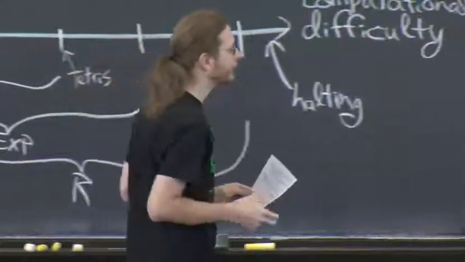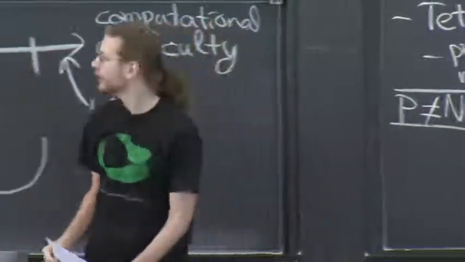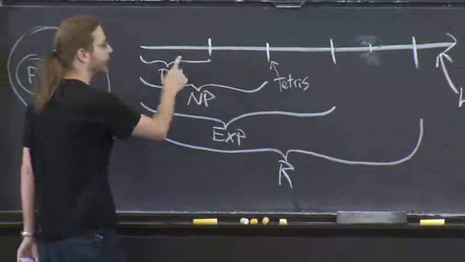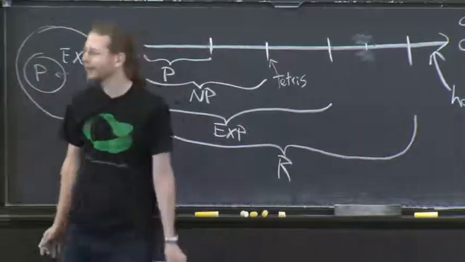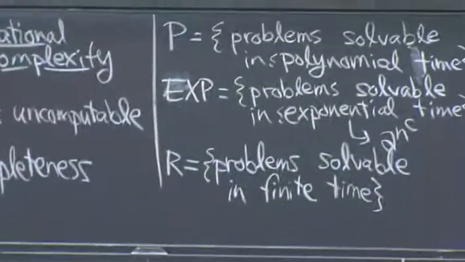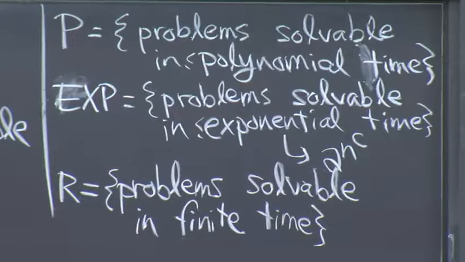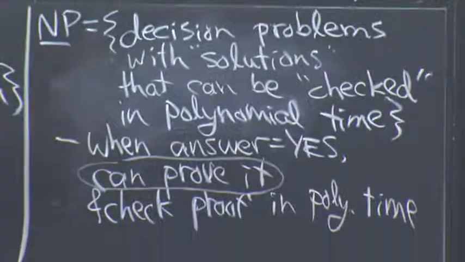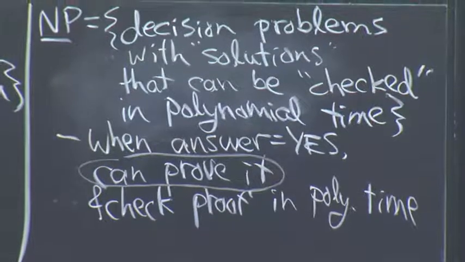So what does P does not equal NP mean? It means that there are problems that are in NP but not in P. Okay, think about what this means. P are the problems that we can actually solve on a legitimate computer. NP are problems that we can solve in this magical fairy computer where all of our dreams are granted. You say, oh, I don't know which way to go.